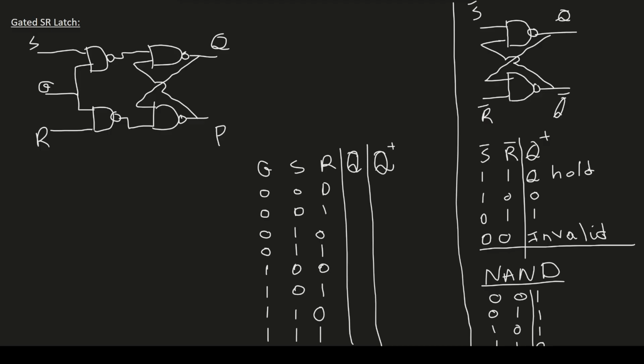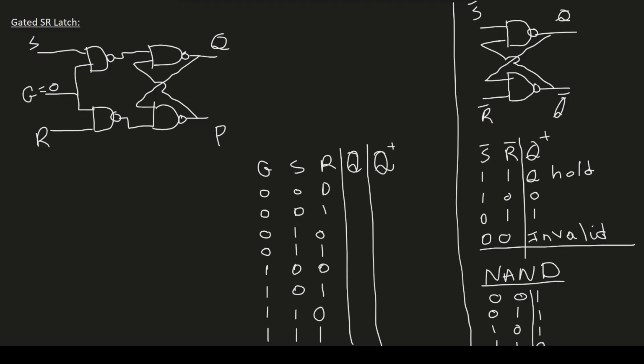So when G is 0, the top NAND gate will output, we have 0 and S. Let's keep S generic.